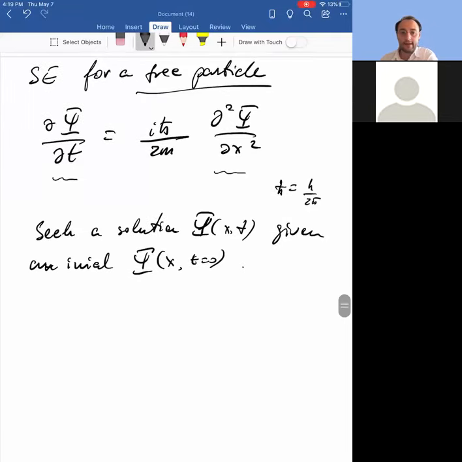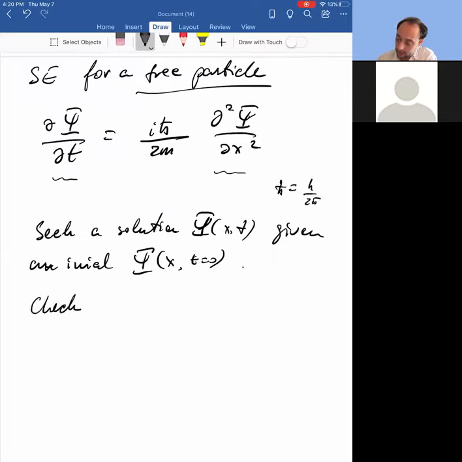Now, this equation, as with many partial differential equations, doesn't have a single solution. There's a whole multitude of solutions. But I will write down a solution, and we will check that it indeed satisfies the equation.